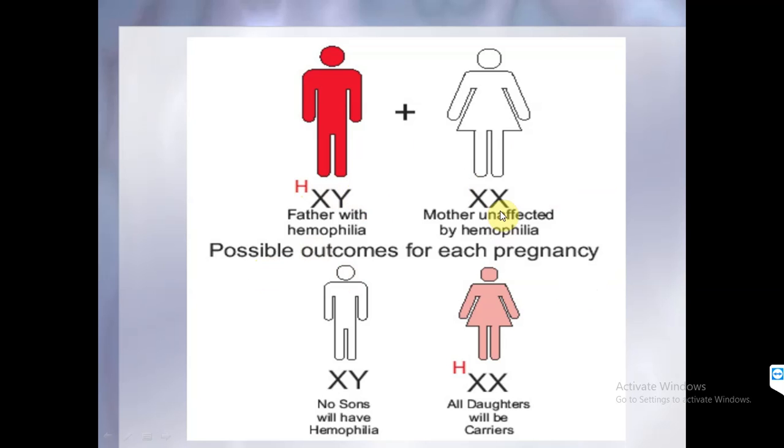Now X and Y. What is the chromosomal constitution of a male? XY. The female was completely normal and the Y chromosome of the male was normal. So ये दोनों combine हुए. So it leads to a son which is completely normal and does not have hemophilia.